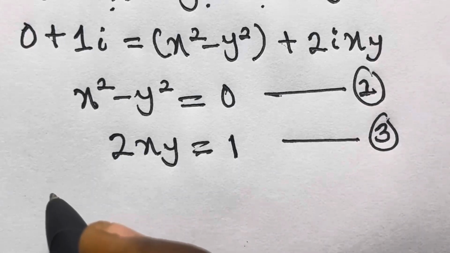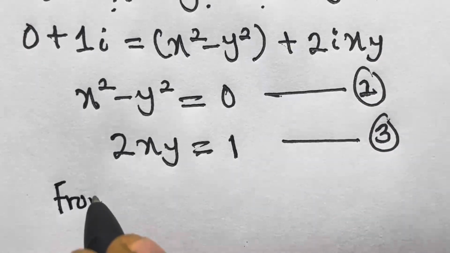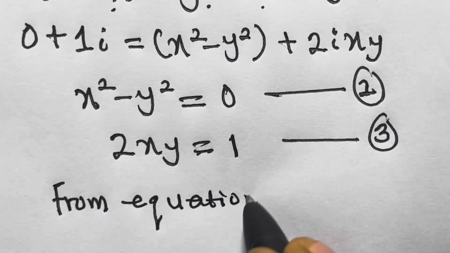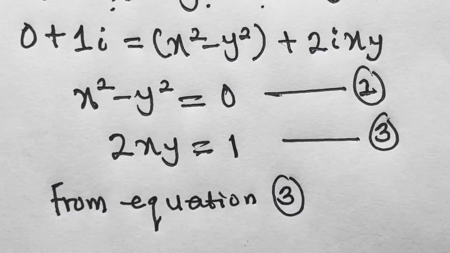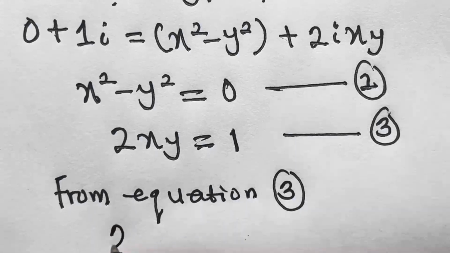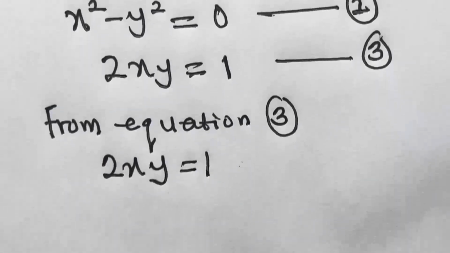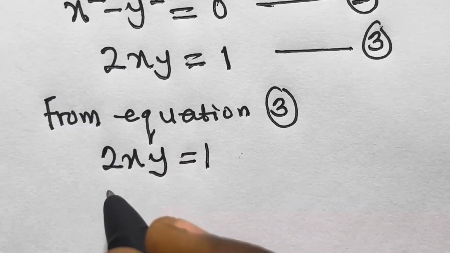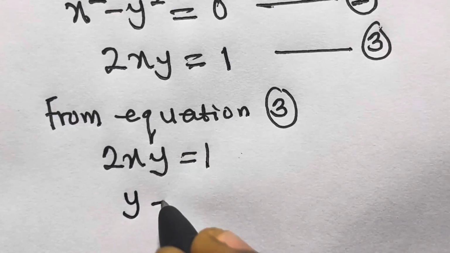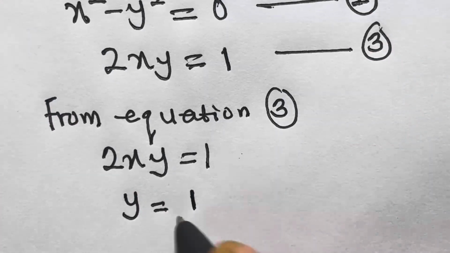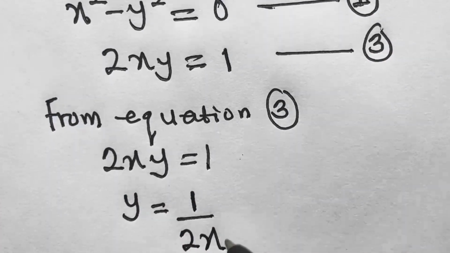And to do that, let's say from equation 3, we'll have 2xy equals 1. So if you make y the subject of the formula here, we will have y equals 1 divided by 2x.